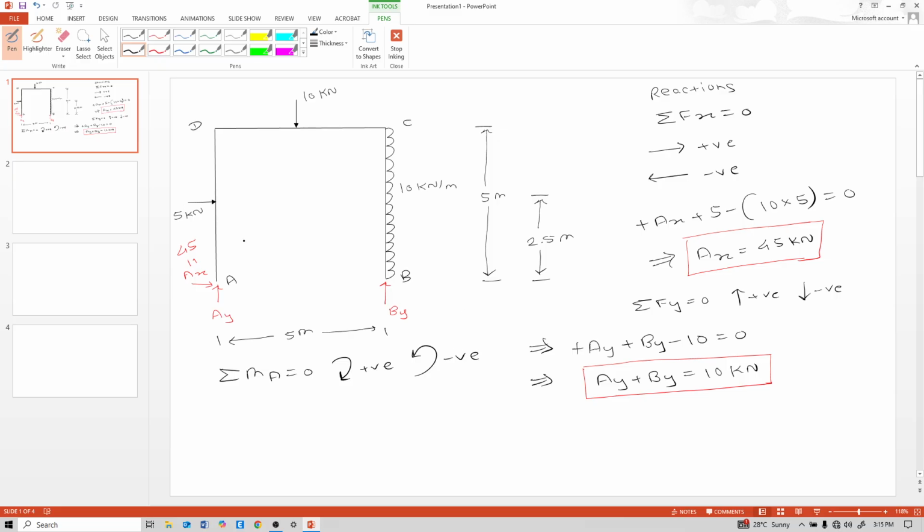So this 5 into 2.5, you see this go like step by step, like 5, 10, like this. So positive 5 into 2.5. See this 10 is clockwise and 10 is at the middle of this DC, that means this is also 2.5. So positive 10 into 2.5.